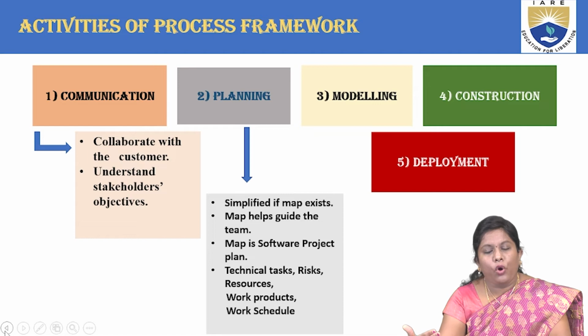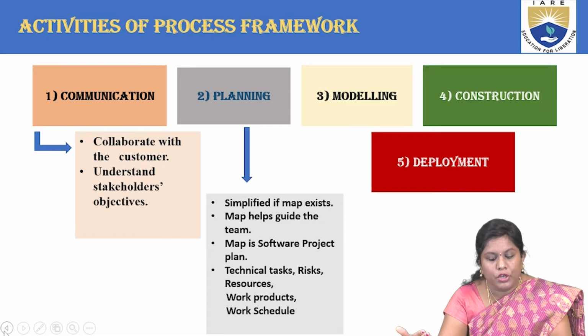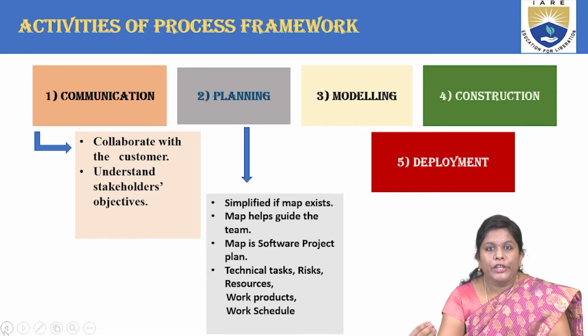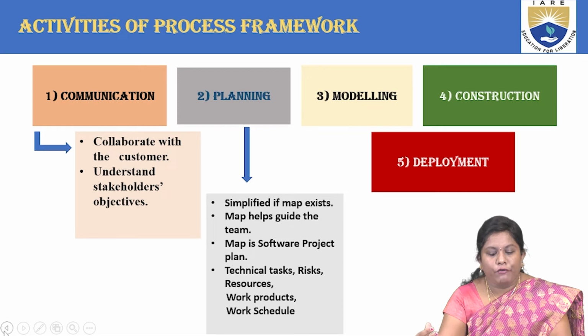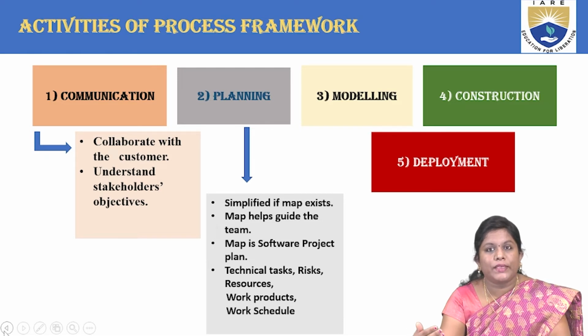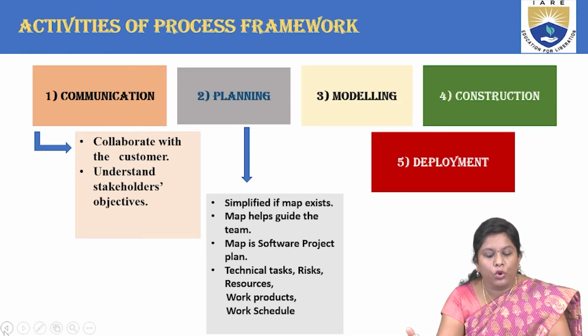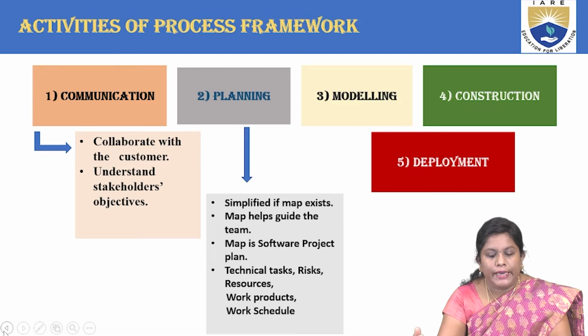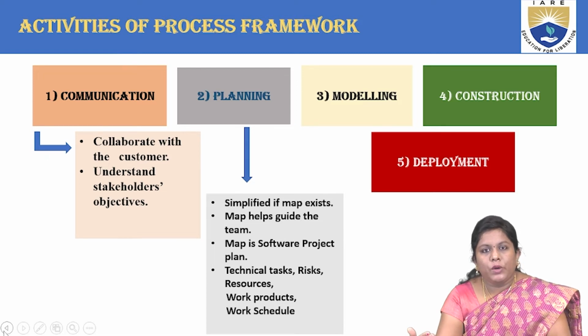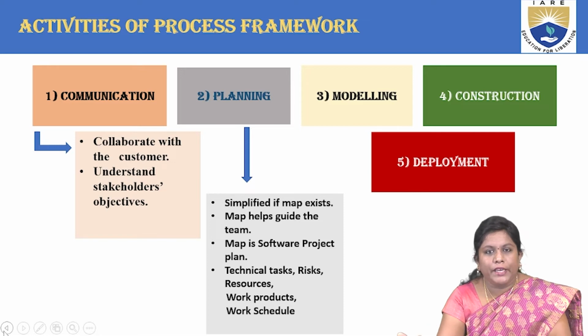Right. Now starting off with communication. What is it saying? When you say you are communicating for a process or a project, in other terms, initially you are collaborating with the customer. What do you mean by collaborating with the customer? Each one of us tries to create various applications or execute some task.